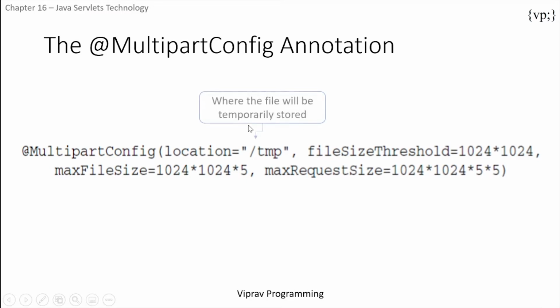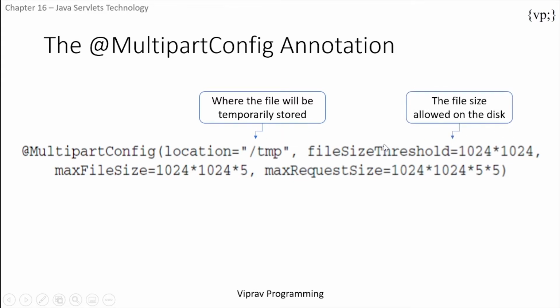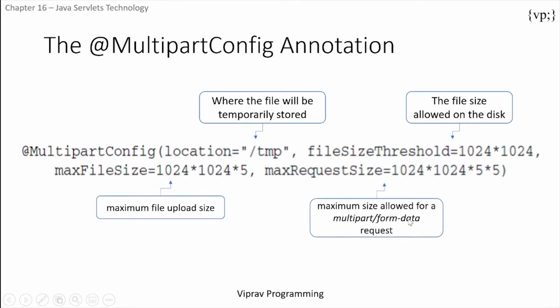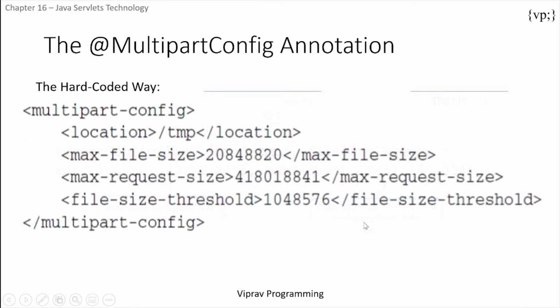First, you'll see here is our location, which tells us where the file will be temporarily stored, our file size threshold, which tells us the file size in bytes after which the file will be briefly stored onto the disk, our maximum file upload size, and our maximum size allowed for a multipart/form-data request. Then there's also the hard-coded way where you can also set the location and such inside your configuration file.